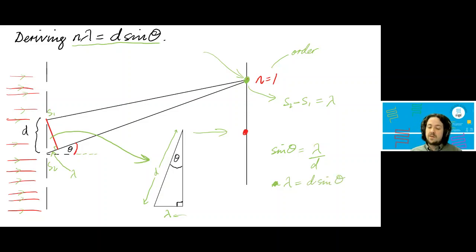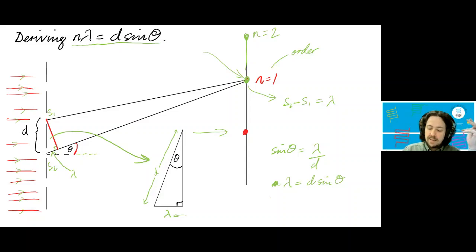Now, this is fine for the first order where n equals 1. But remember, we'll also get the same effect up here, and we'll call this bright fringe n equals 2. This is the second order. Now, the important thing with the second order is that that bright spot will occur when the path difference between S2 and S1 is now 2 lambda.